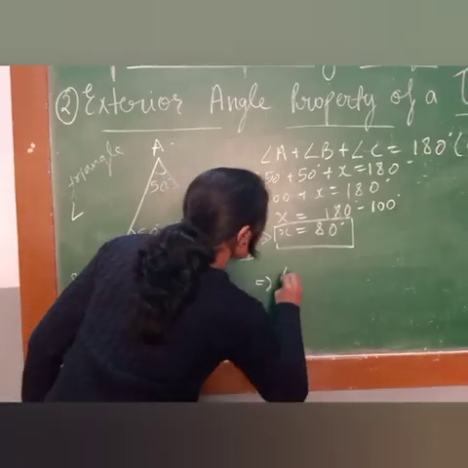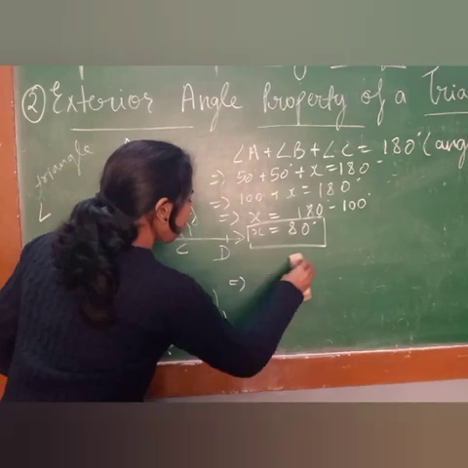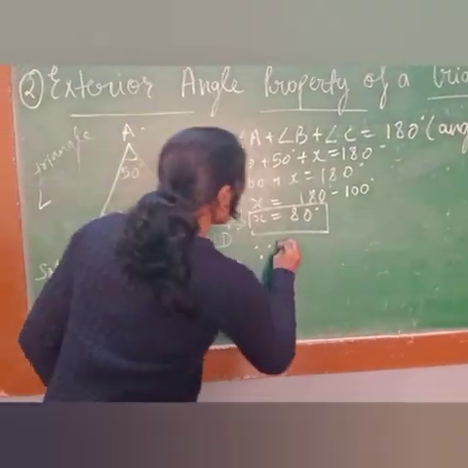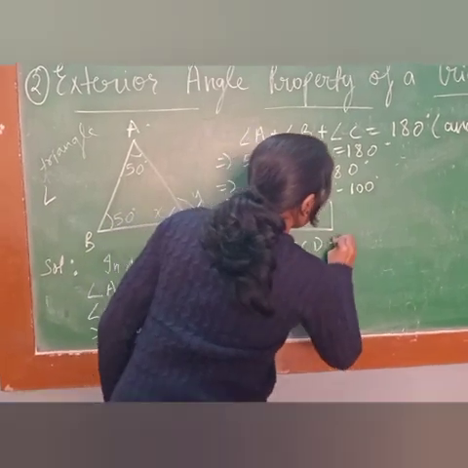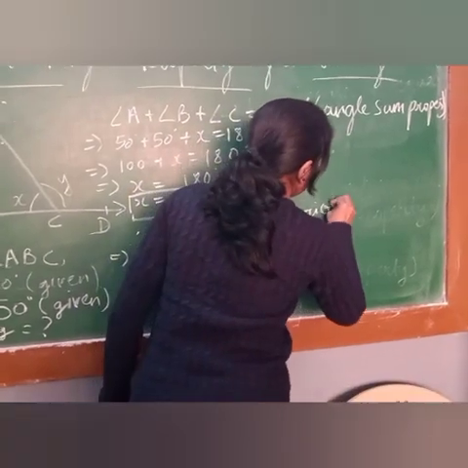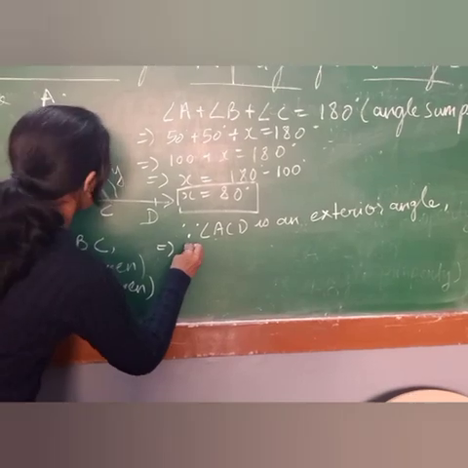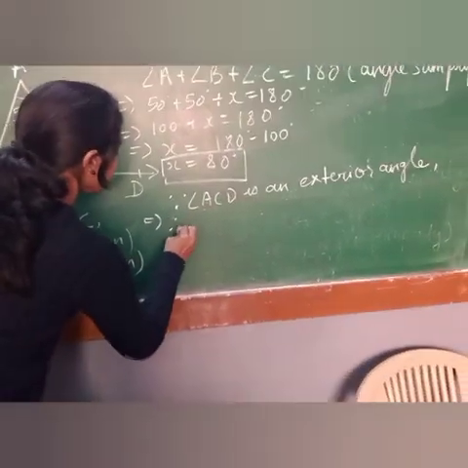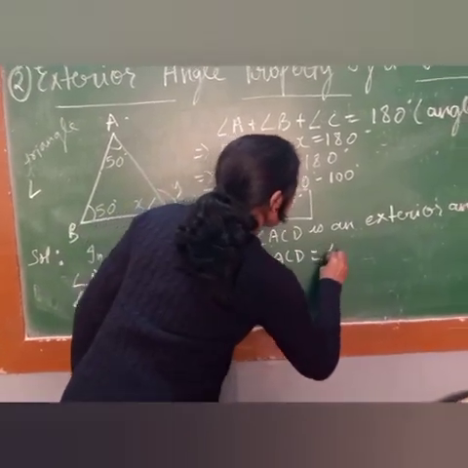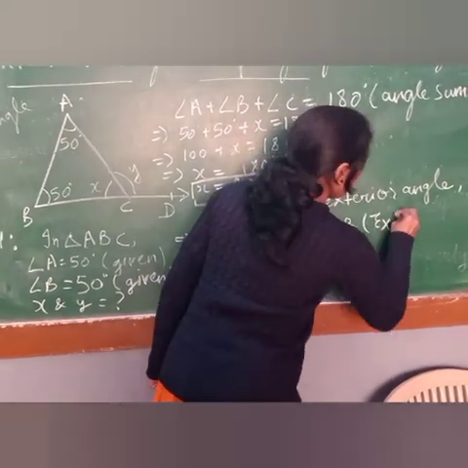So we are going to write angle A plus angle B. Since angle ACD is an exterior angle, therefore angle ACD is equal to angle A plus angle B, by which property?